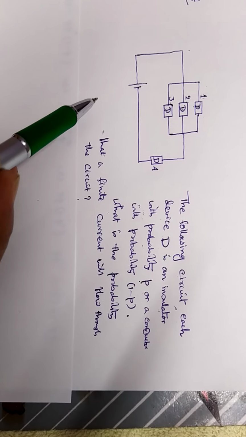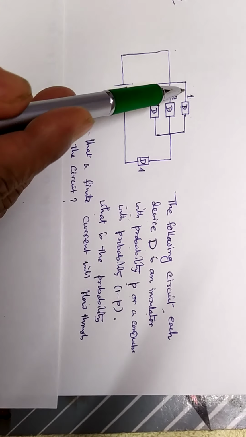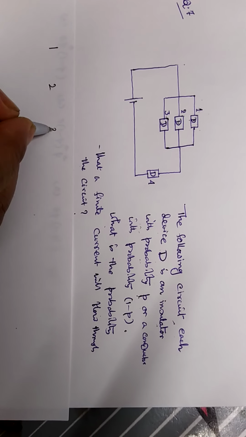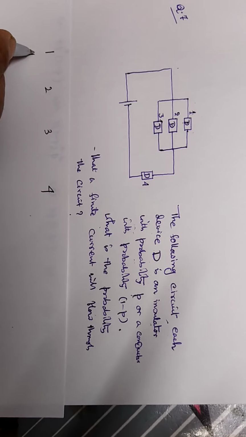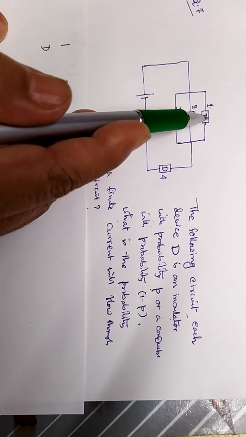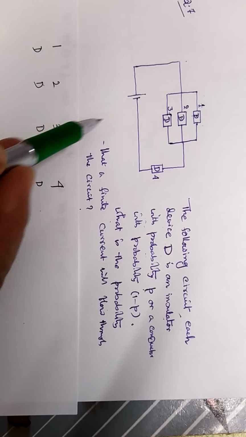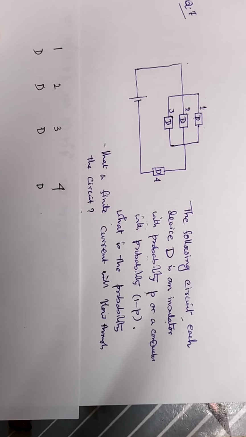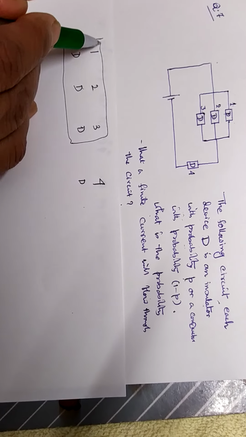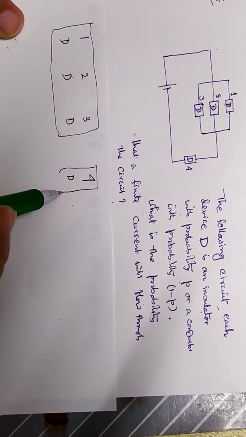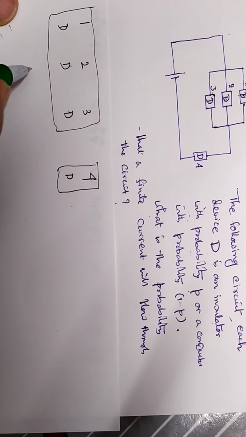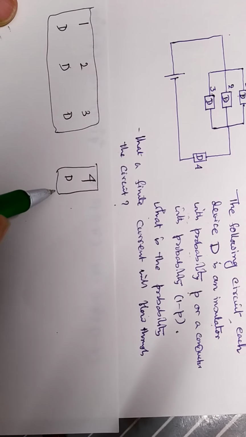These are the devices: the first device, second device, third device and fourth device. Now if the current has to flow, this is one unit and this is another unit. If the current has to flow through this circuit, then it has to flow through both this and this.